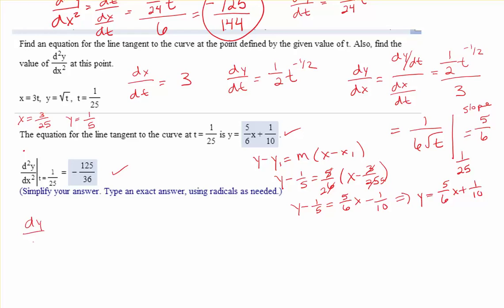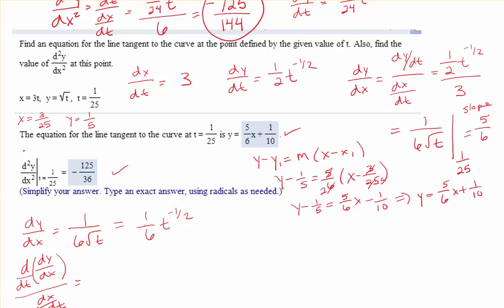Your dy/dx you found to be 1/6 square root t. It is this that you take the derivative of with respect to t. So it's this thing that you're going to take the derivative of and divide that then by dx/dt. So the derivative of this, let's see, this is 1/6 t to the negative 1/2.